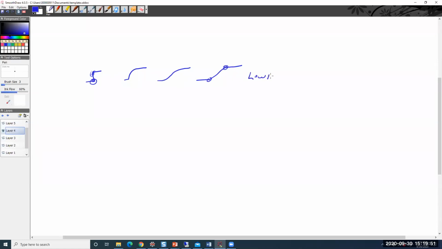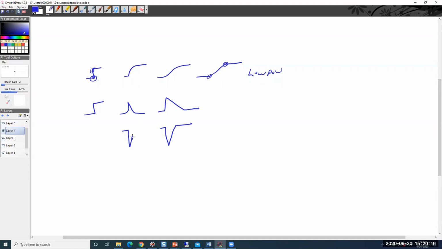That makes it a low pass. But if I am detecting an edge, start at zero, go to something and come back, that's a high pass. And all the inverses are true: go here, down and back, or here, down and up, that's just an inverting low or high pass. It's still a high or a low pass filter. Okay.